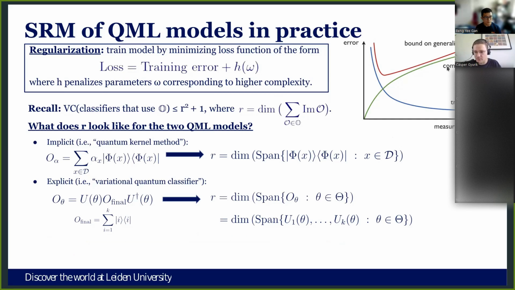It goes up, it goes up, it goes up, but at some point it goes down again. That's theorized by classical machine learning people to explain the success of neural networks, and it's often called over-parameterization. These bounds tell you nothing about over-parameterization in quantum models. These are just linear models indeed. And then the next question is, do you expect a double descent in quantum models because they are just linear?